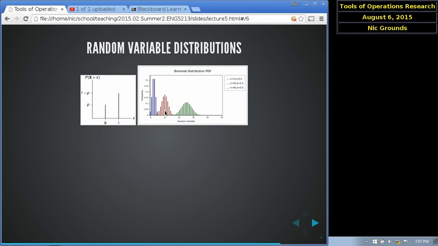The red lines, same thing, except the n, the number of times you select from the Bernoulli, is 20. So now, it's very hard to see on the screen, but the most likely value is 10, because you'd expect half the time you'd get zeros, half the time you'd get 1s. So over the course of 20 times, you'd get roughly 10 1s.